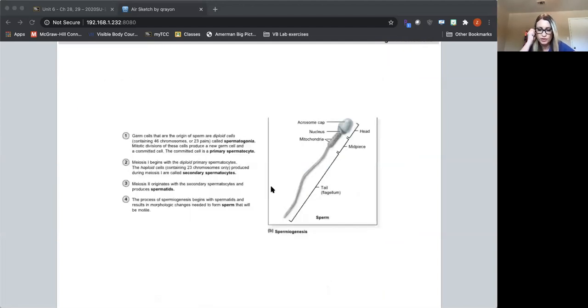So here we see that final appearance of the sperm. The mitochondria in that midpiece serve like a battery pack for the sperm. So that's what makes it go. So that's spermatogenesis here.